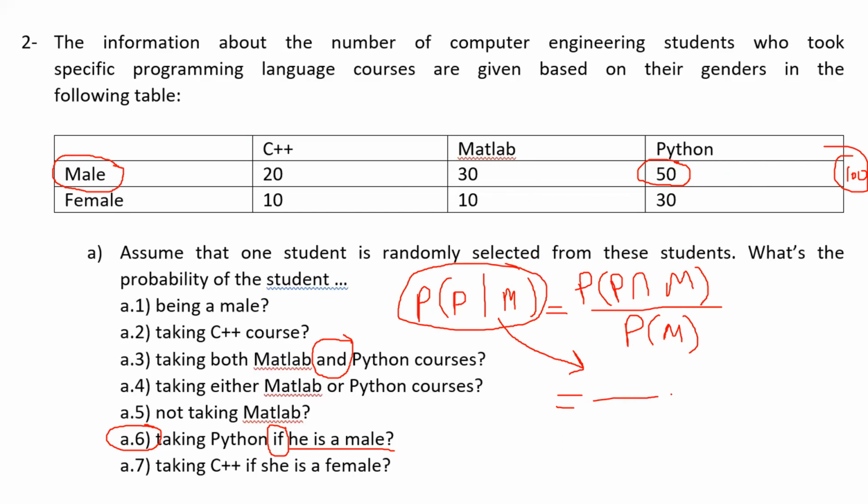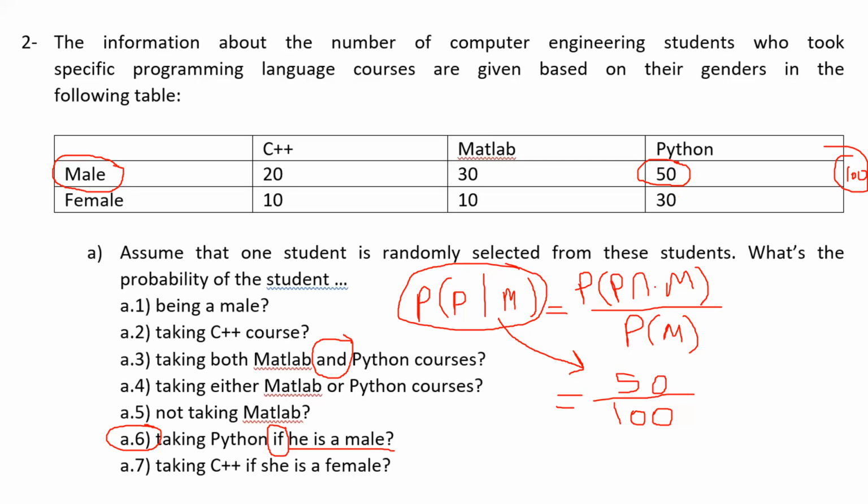So now instead of 150, I write 100 right away here. So I know that among males, I'm going to find the probability. So what's the relative frequency of taking Python compared to being a male? So in that scenario, I see that this is 50 over 100.